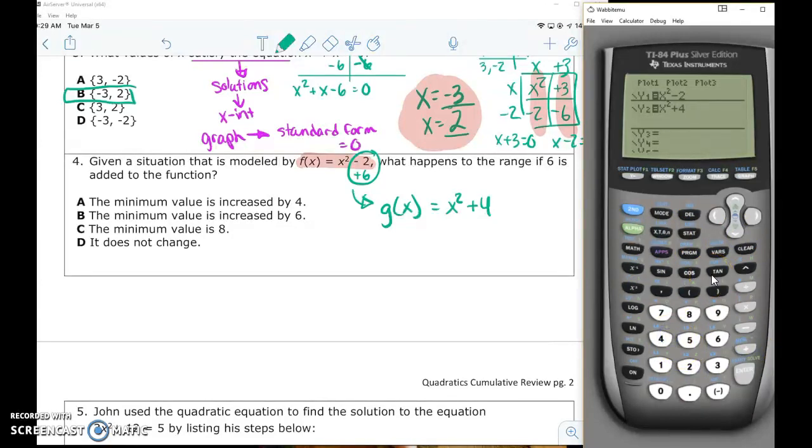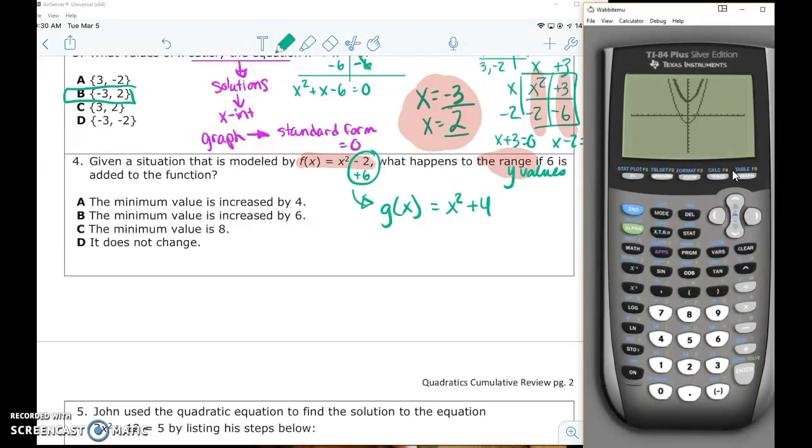We want to know what happens to the range, or the y values. Remember on your calculator, if you use your left arrow key to go all the way over, you can make this line thicker, so we can tell the difference between our old and our new. There's my original.